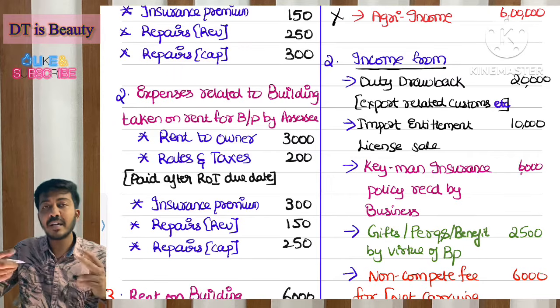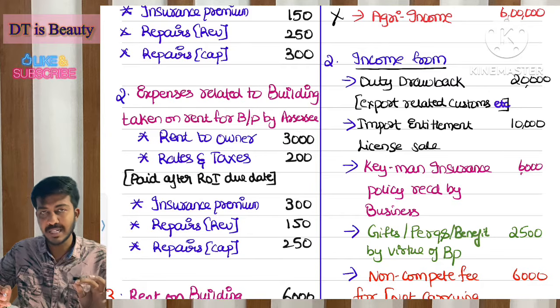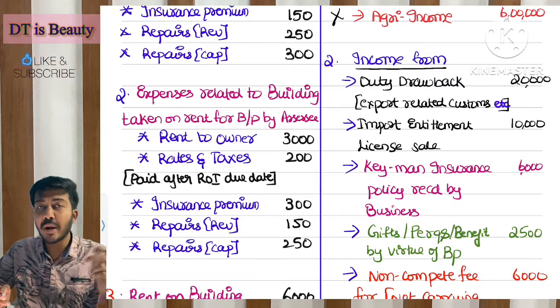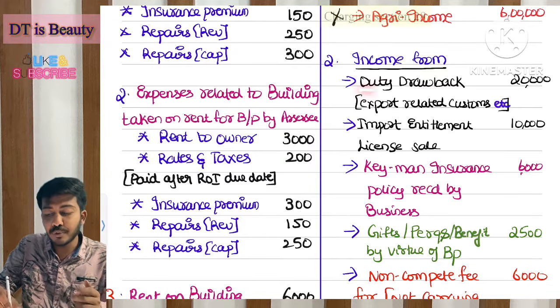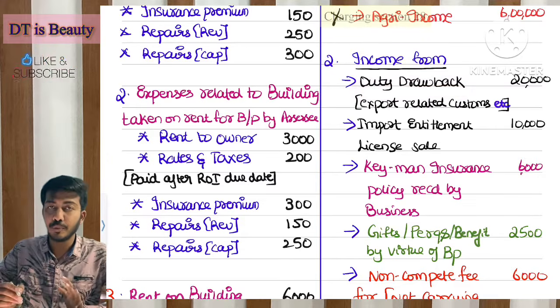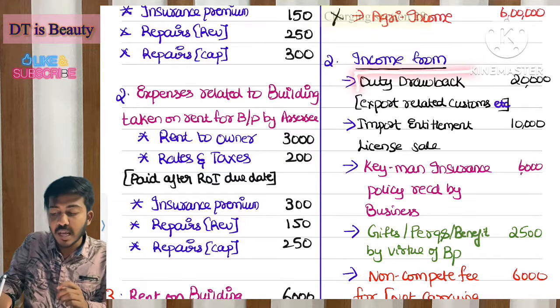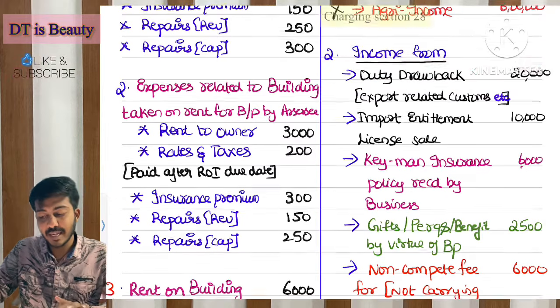Now the government, in order to encourage more exports, might give certain cashbacks called duty drawbacks. Whatever you have paid as customs duty will be given back to you in the name of duty drawbacks, and this is deemed to be a PGBP income as per the charging section, so we will take it as income.